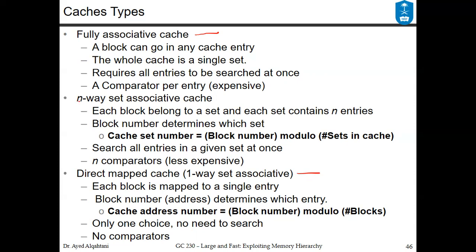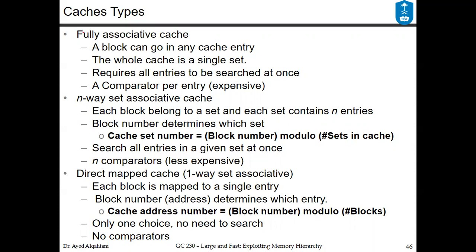And in the middle, we have the n-way set associative cache, and based on your choice of n, you have many shades. You can have two-way set associative, four-way set associative, eight-way set associative, and so on. So you start from the direct map, which is one way, and then you increase the n by powers of 2 until you reach the fully associative cache. These are the types that you can have for associative caches.